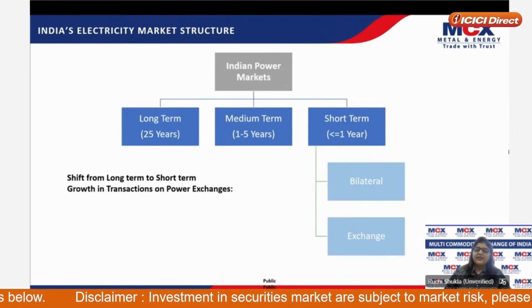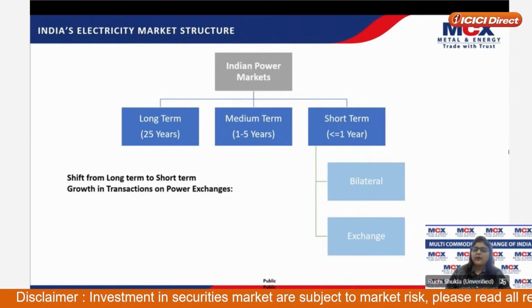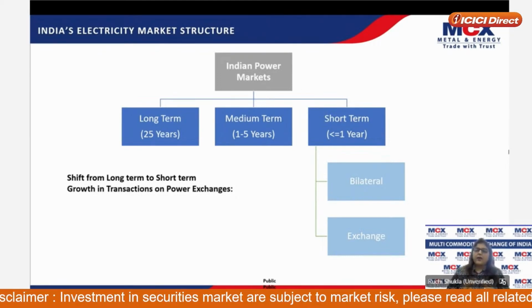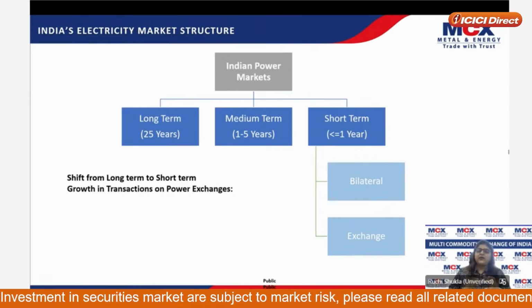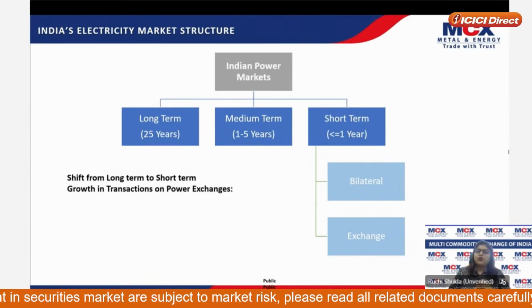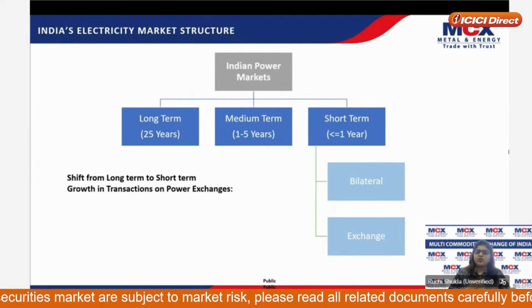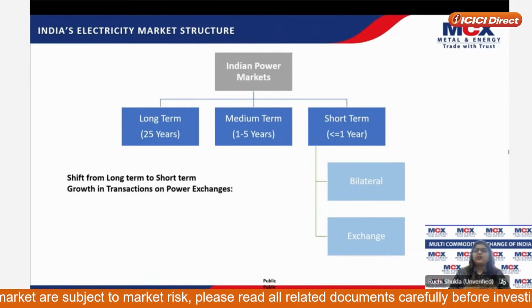A recent trend is more on the short-term markets, which is less than or equal to 1 year. Within the short-term markets, there are two components. One is bilateral contracts, which the parties or consumers enter into with the generators or the discoms to get the electricity, and the other is exchange traded.